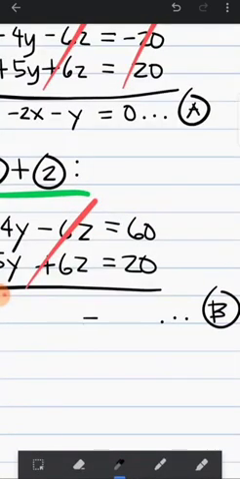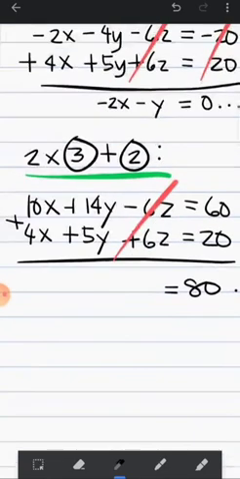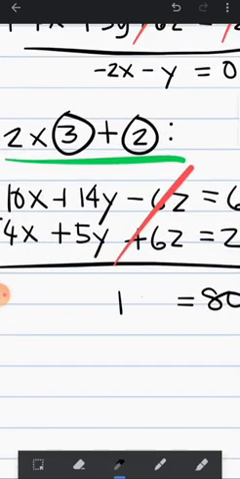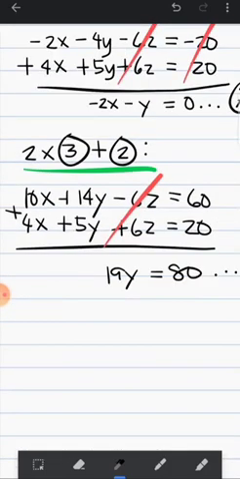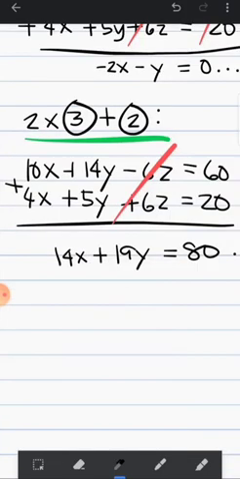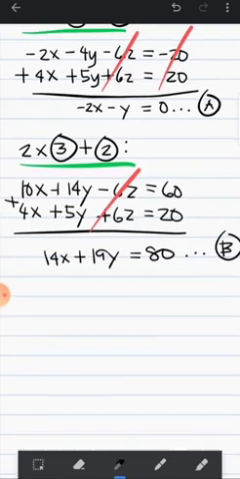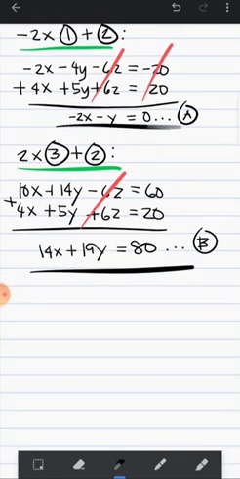So it'll give us 60 plus 20 is 80. Yes, 80. 14 and 5 will give us 19y. Then 10 and 4 is 14x.